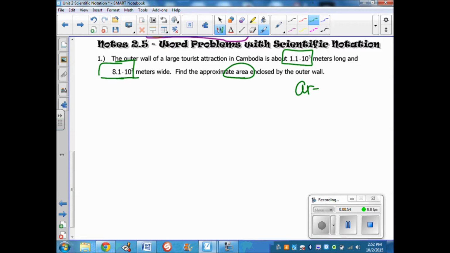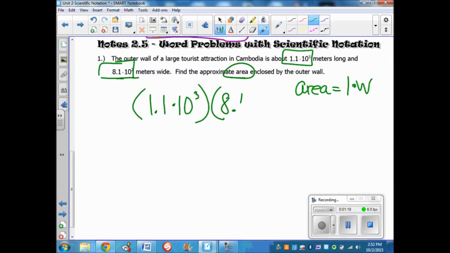So we're talking about area. Area is the length times the width. So if we know that it's length times width, we're going to take 1.1 times 10 to the third power times our width, 8.1 times 10 to the second power.